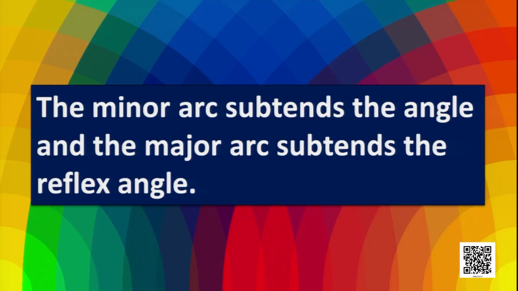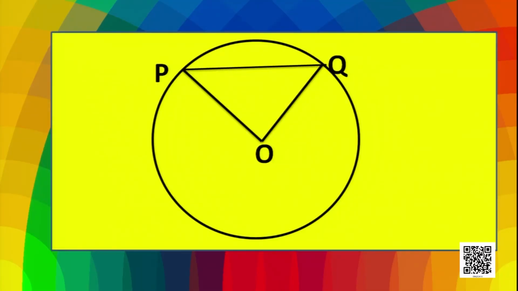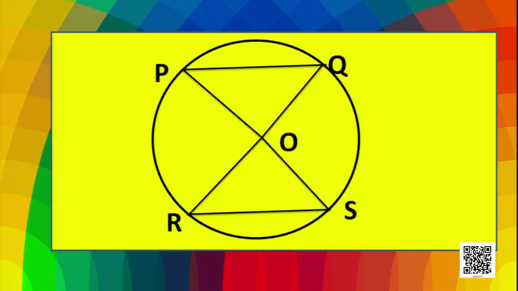Now let's have a look at this figure. Here the minor arc PQ subtends angle POQ and the major arc PQ subtends the reflex of angle POQ. Now see, in this figure we have two equal chords, so we have two congruent arcs.